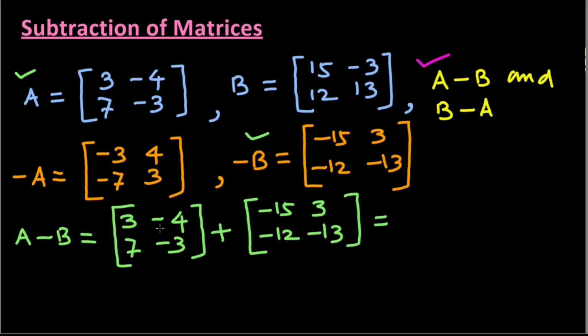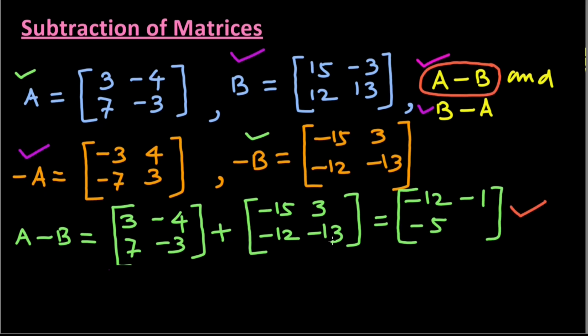That will be 3 minus 15, minus 12, minus 4 plus 3, minus 1, 7 minus 12, minus 5, minus 3 minus 13 will be minus 16. So this is the matrix A minus B.